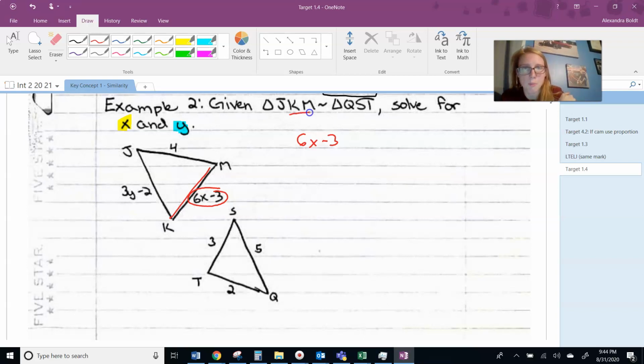And that's KM. And KM is going to go with ST. Okay? So now if you looked at this picture, you might not have realized that those sides go together, and that's why it's super important to use the name of your triangle. Okay, so it's going to go over 3. And so now this is triangle 1 and triangle 2.